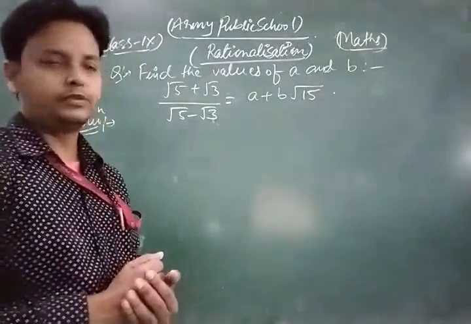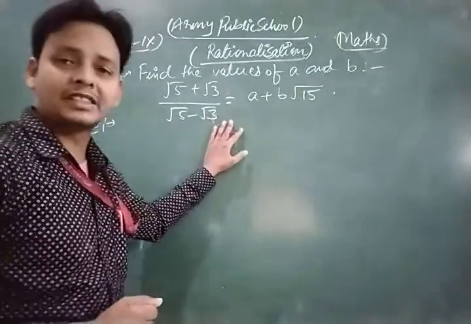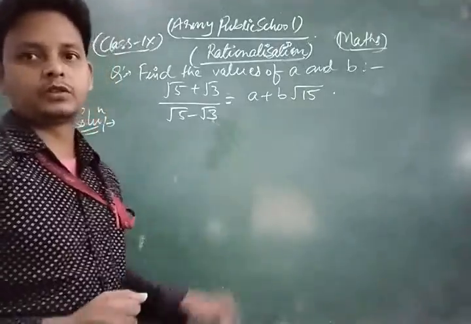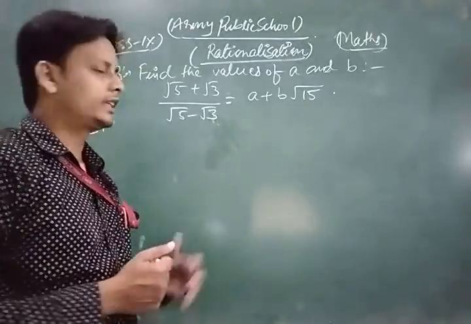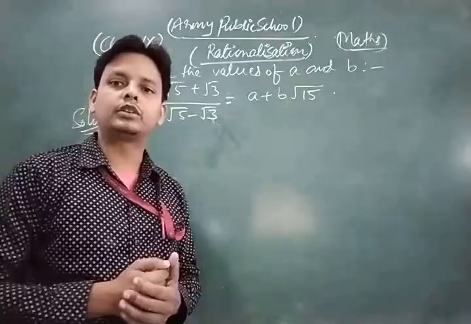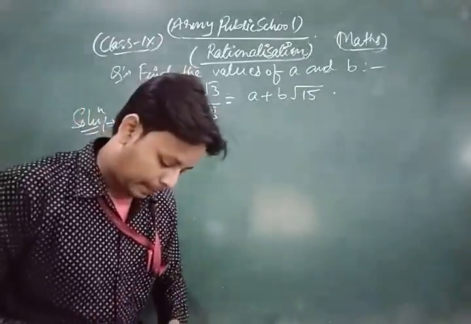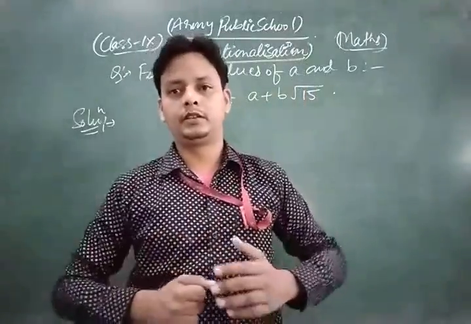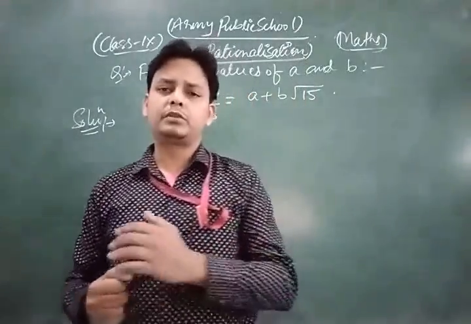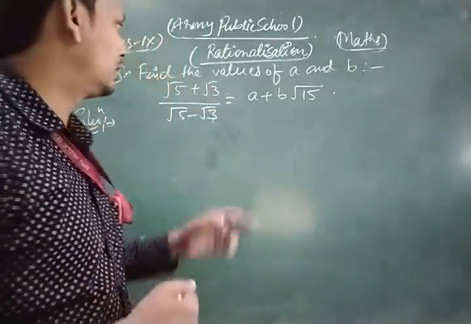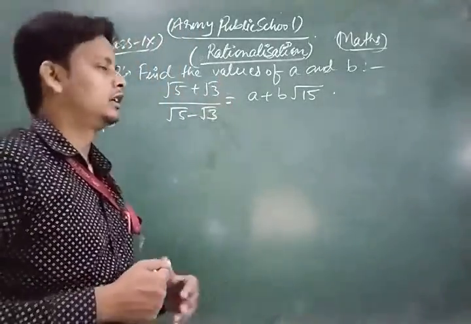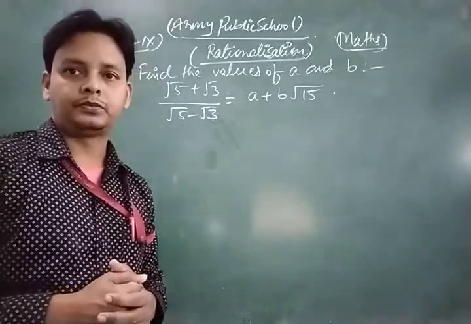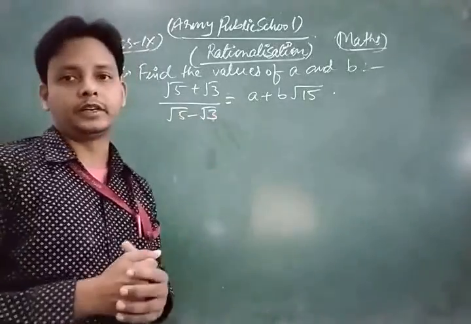Dear friends, first of all we do the rationalization. So what is the concept of rationalization, dear friends? In rationalization we must multiply both the numerator and denominator by the conjugate of its denominator.